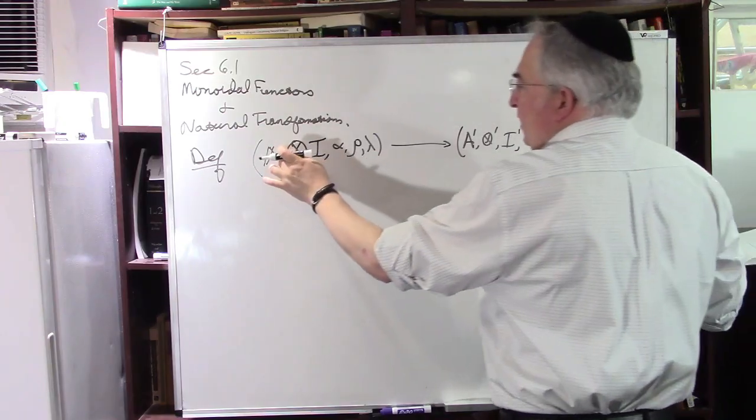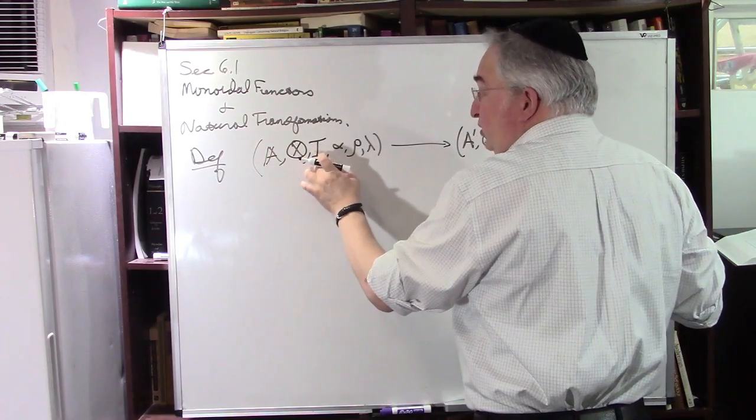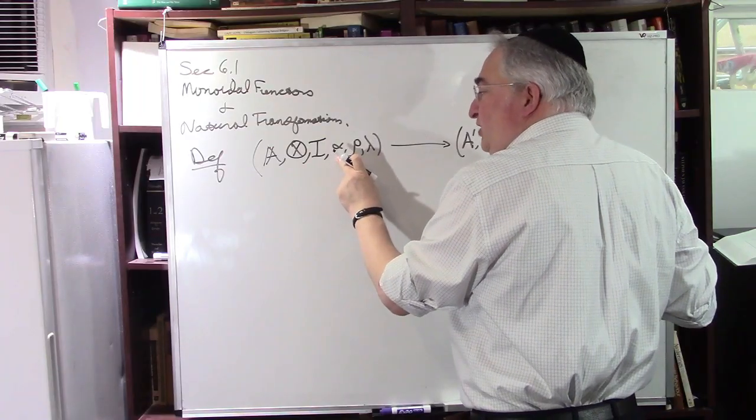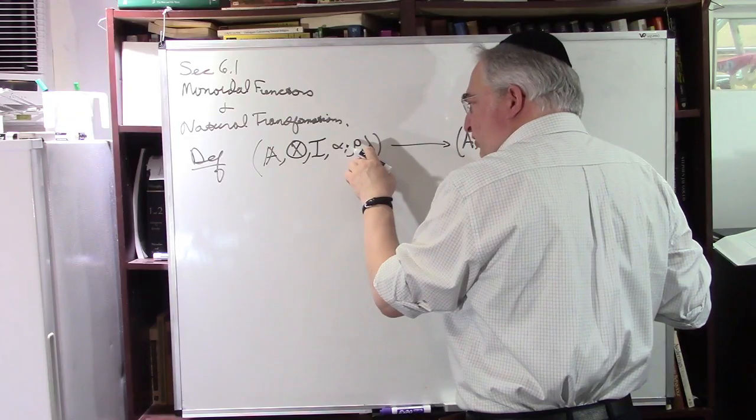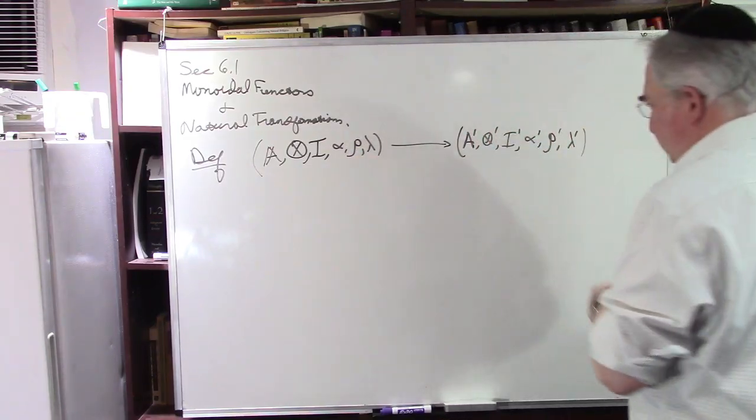Let's just remember, this is a category, this is a tensor product, this is the unit, this is the associator, the right unitor, the left unitor. So you have two of them.